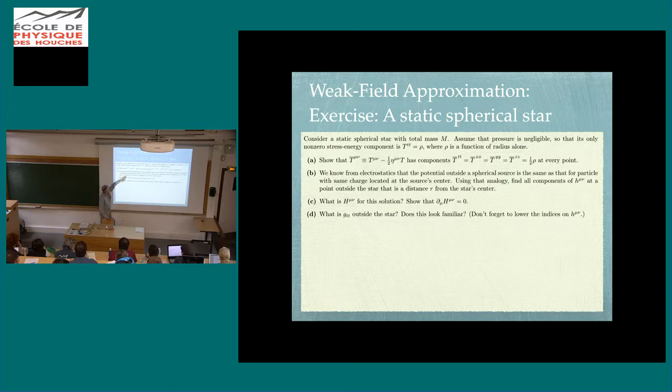And then you know from electrostatics that the potential outside the spherical source is the same as that of a particle with the same charge located at the sphere's center. So find all the components of h mu nu at a point outside the star that's a distance r from the star's center. Well, how would we do that? Let's take htt, for example, and simply treat it as one big charge at the center.